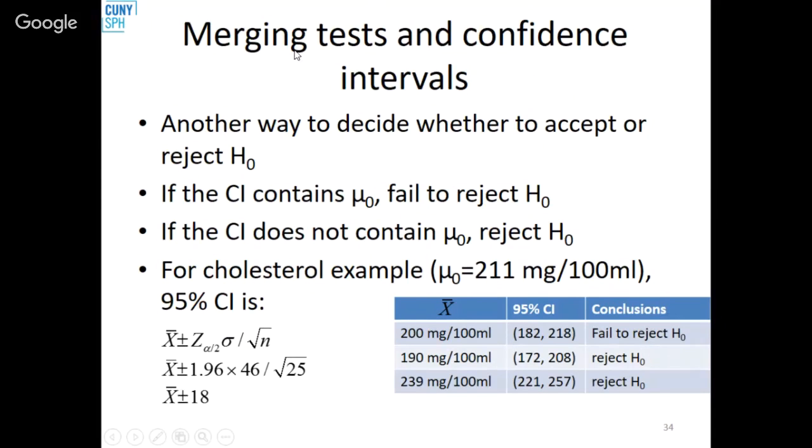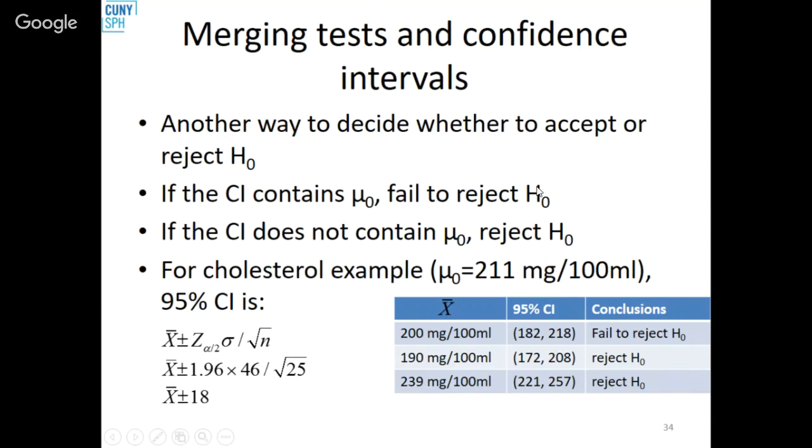So just summarizing, hypothesis tests and confidence intervals provide alternative ways to decide whether or not to accept the null hypothesis. If the hypothesis test is about a single sample and a population mean, then all you have to do is look at whether your confidence interval contains your null mean.